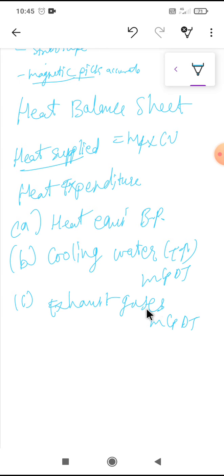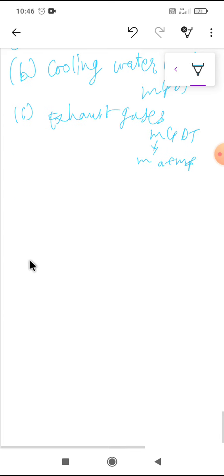So what will be the mass flow rate of exhaust gas? Here it will be the mass of air plus mass of fuel. So that will be the total mass into Cp, that is specific heat of gas, and the temperature difference between the exhaust gas and room temperature. So we will get the heat carried out by the exhaust gases, and then we will prepare a balance sheet.